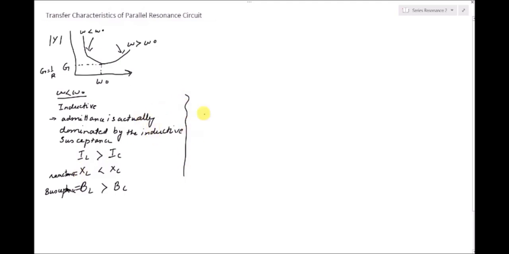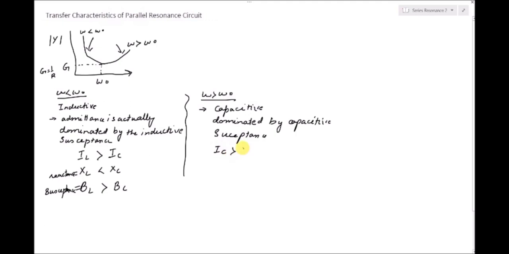Similarly, for omega greater than omega naught, the circuit becomes capacitive or dominated by capacitive susceptance, and by this statement we mean that IC is actually greater than IL.